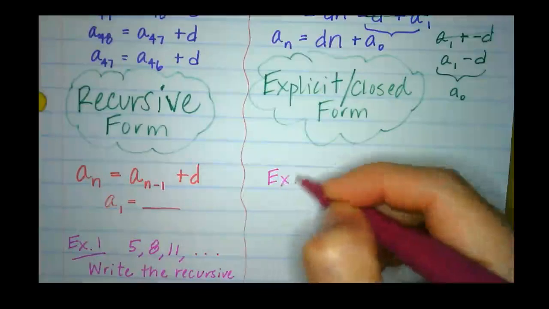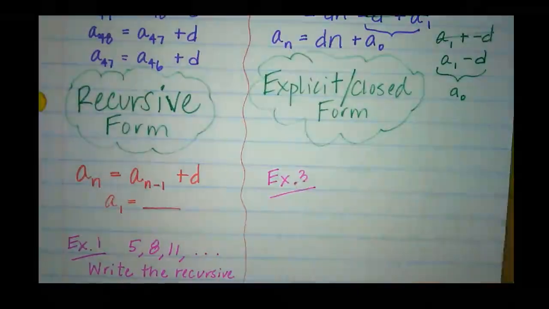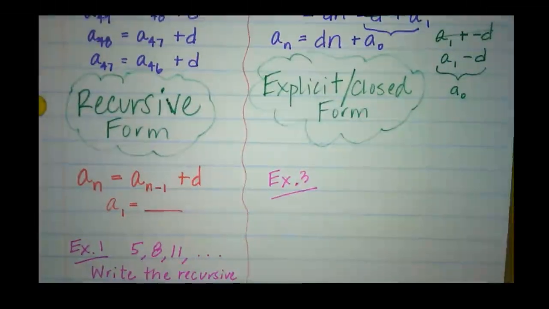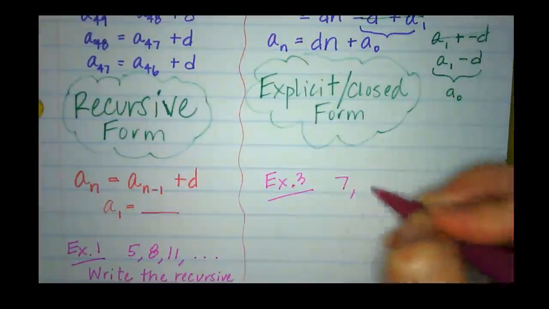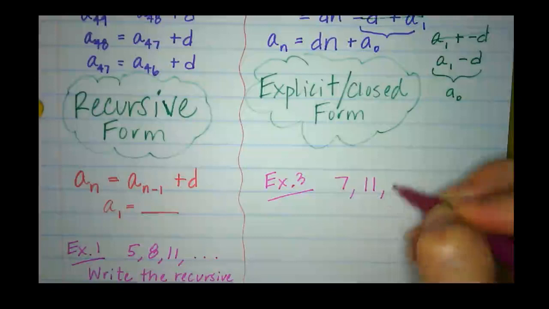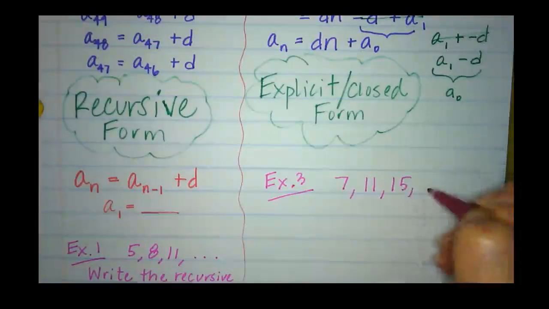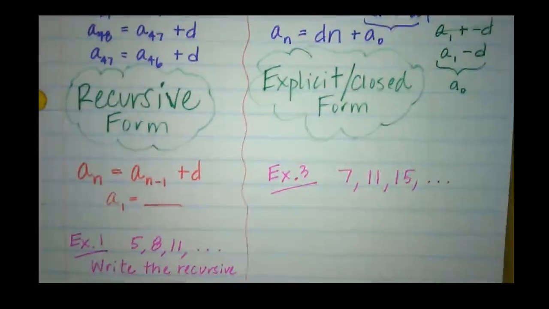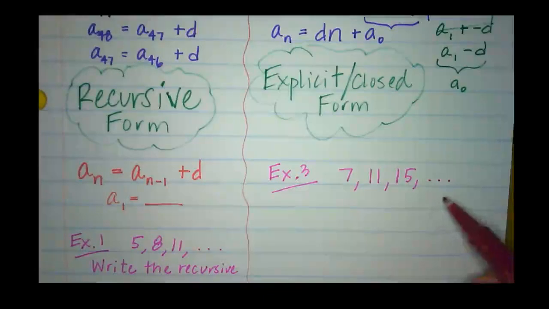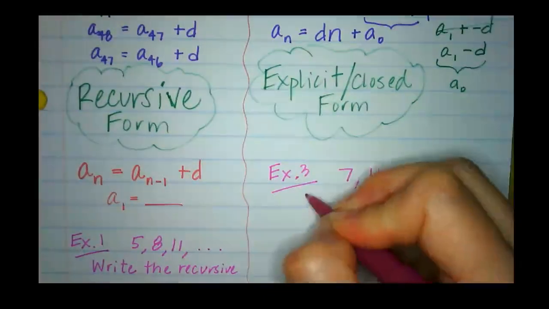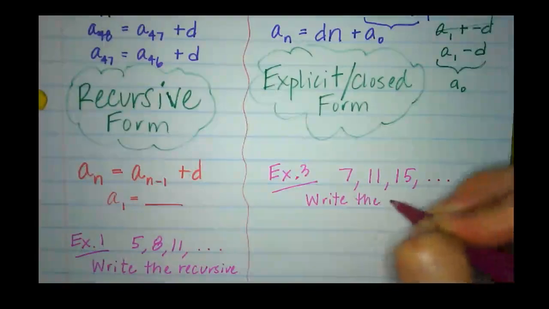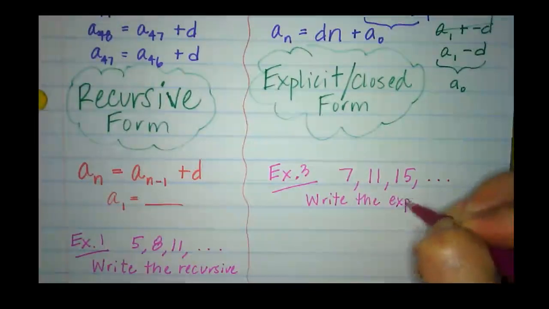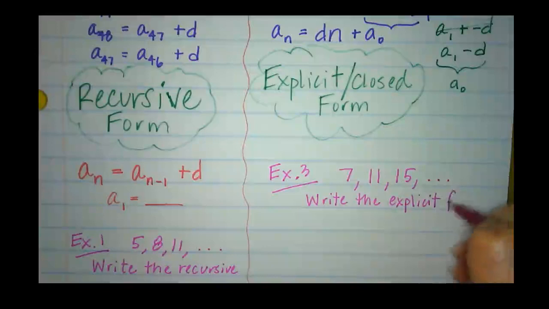I'm going to call this example 3. All right, let's say that we had 7, 11, 15, ... All right, so I want to take this sequence and I want to write the explicit form.